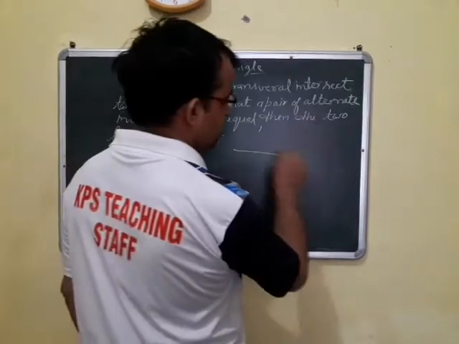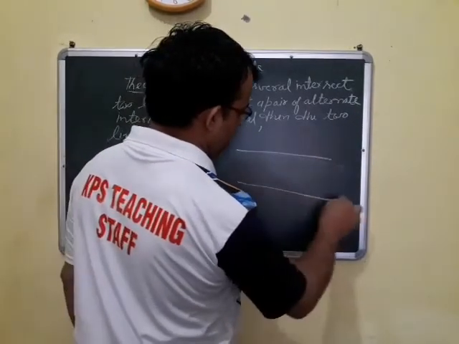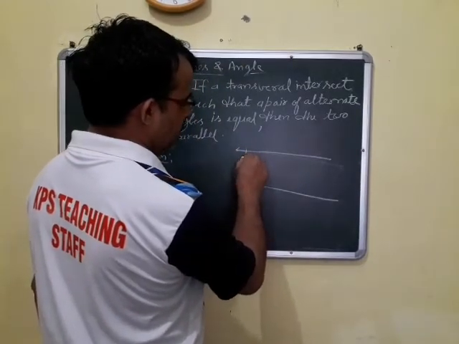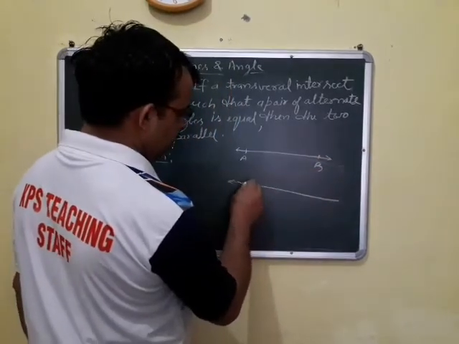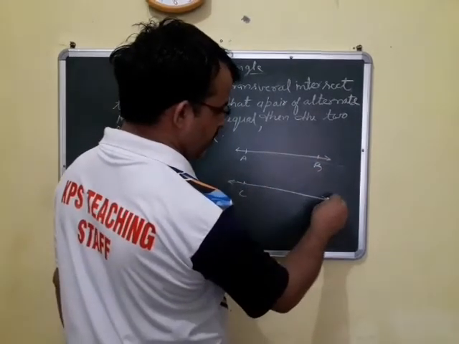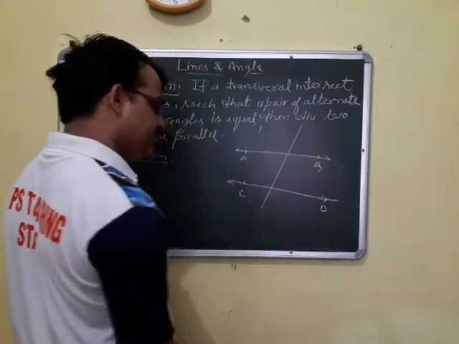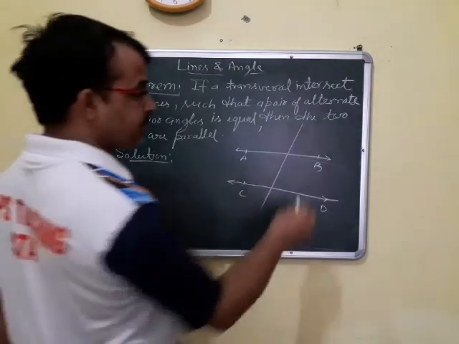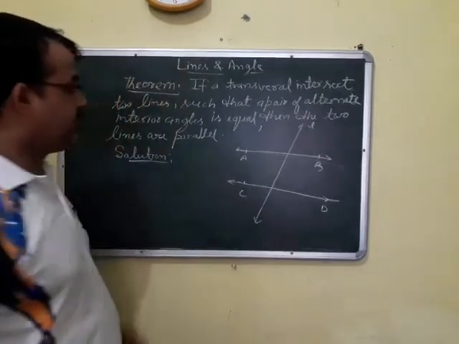So here we already take two lines AB and CD, and here is a transversal line L. Clear? So what does it say?